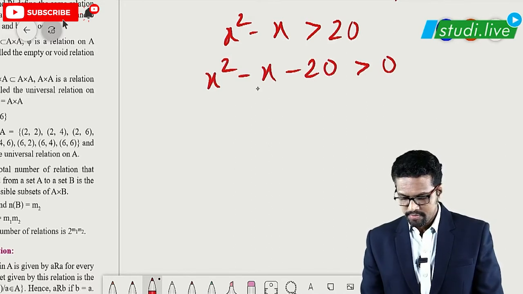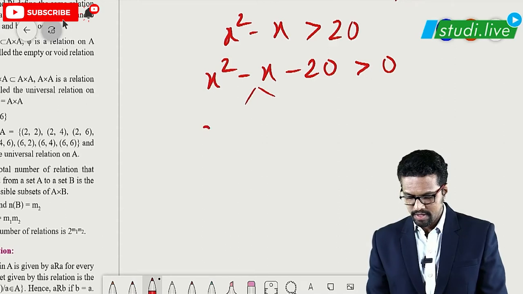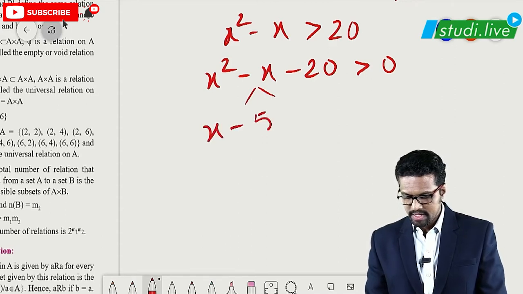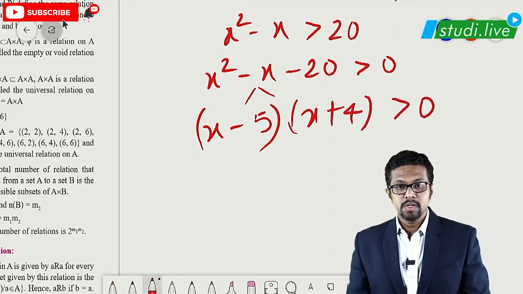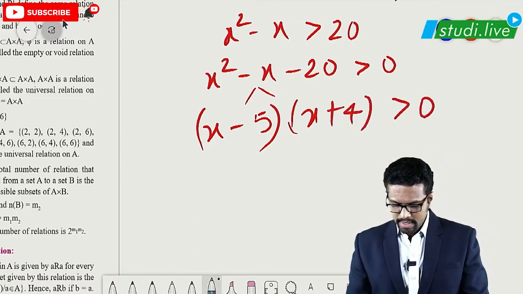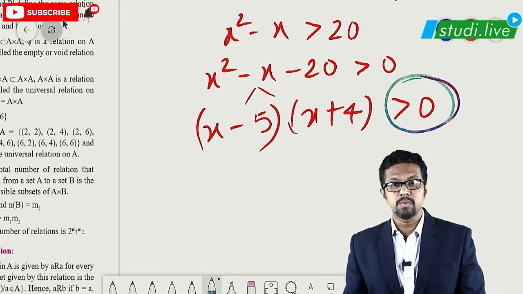Can you see we can factorize this? This is a quadratic equation. It can be factorized by splitting the middle term. So I will get x minus 5 times x plus 4, and this is greater than 0. When I'm saying that it is greater than 0, what does that mean?